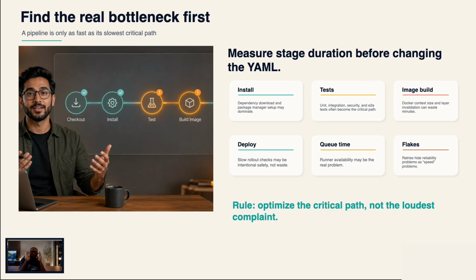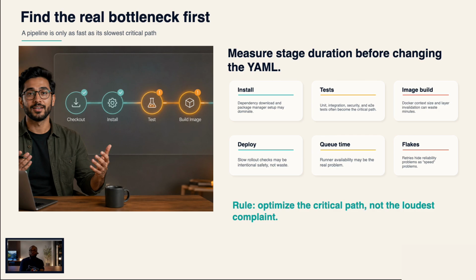Now, a lot of teams usually say our pipeline is slow. Okay, but they have not really identified the real bottleneck. If your pipeline is slow, fine, but what part of the pipeline is really slow? Sometimes it's the tests that are slow.